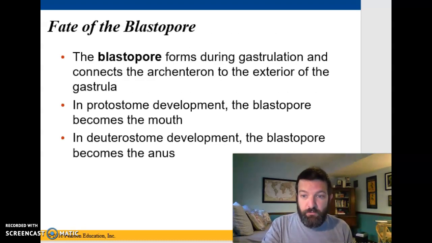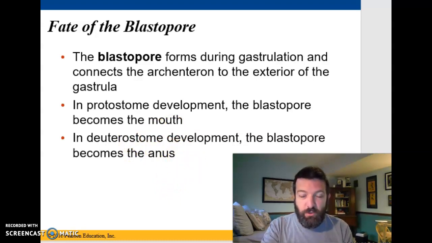In protostomes, that blastopore, that first hole, is going to become the mouth, and protostome literally means first mouth. In deuterostomes, which means second mouth, another pore will open up and become the mouth. That first pore will be the anus. So the mouth comes from the second hole, hence second mouth, but we develop the anus first.